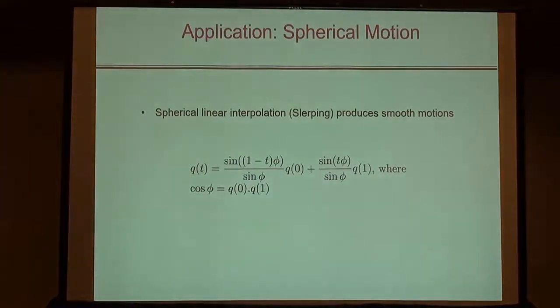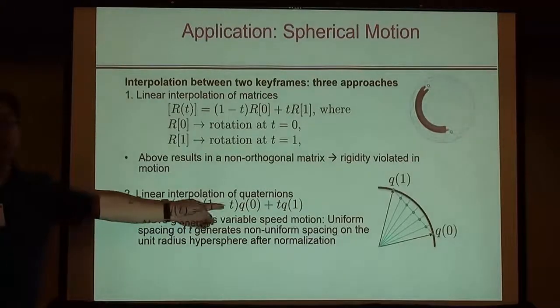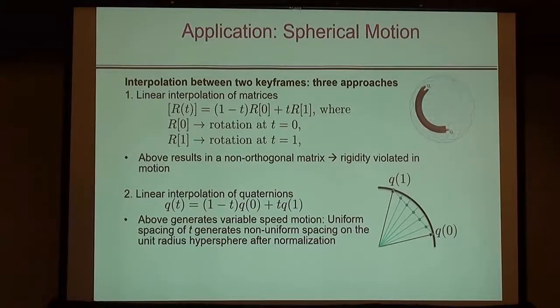And the other thing about this formulation is that in CAD we have Bezier curves and B-spline curves. These are all based on repeated linear interpolation. Everything is based on repeated interpolation.